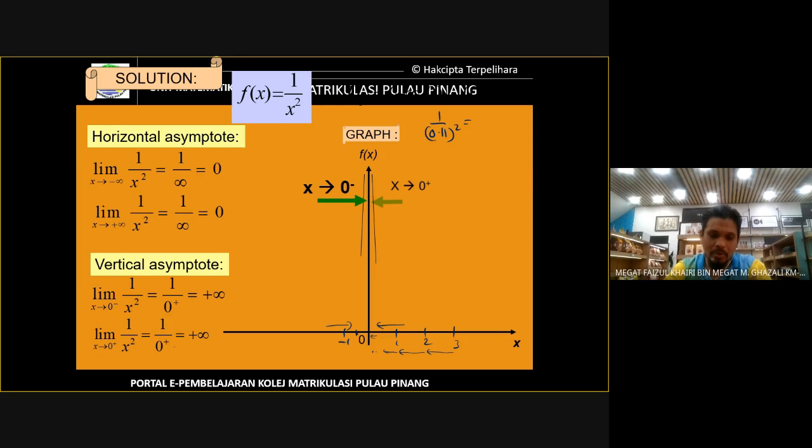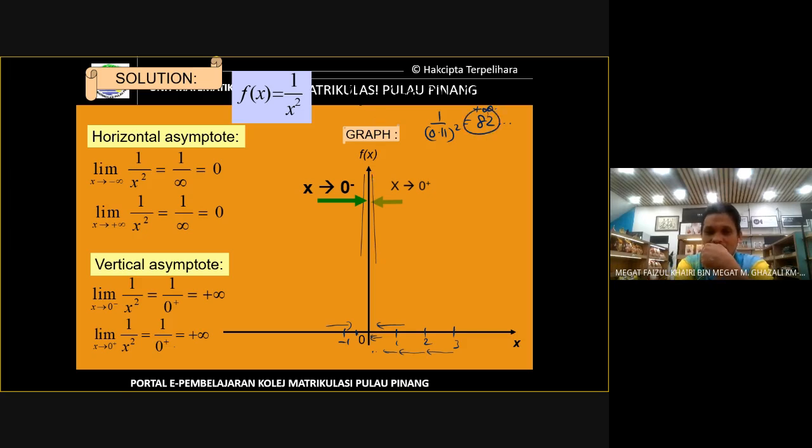0.11 times 0.11 is 0.011. 1 divided by 0.011 is 82.64, 82 something, which is a big number, positive infinity. So when x is getting close to 0 from the right, the value of y goes up steeply to a big number.